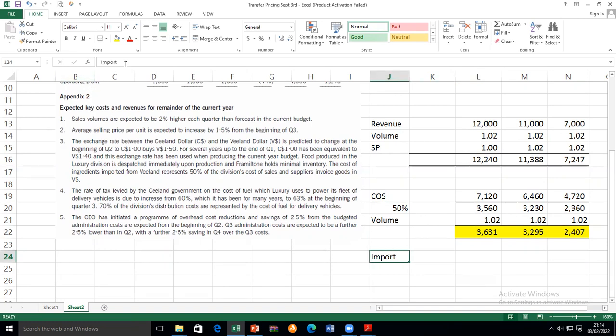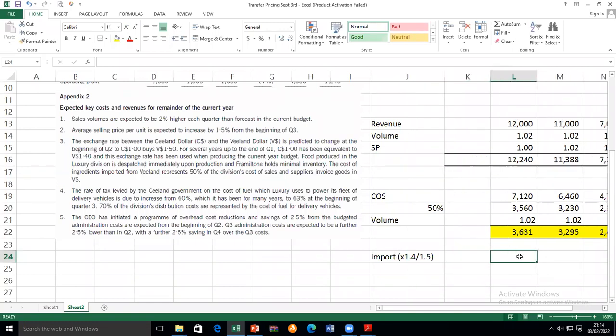Here's what I'm doing. I'll take the figure, I'll multiply by 1.4 first, then divide by 1.5. That's what I'm going to do. So we take this figure, multiply by 1.4, then divide by 1.5.